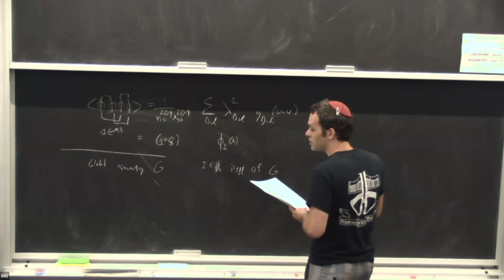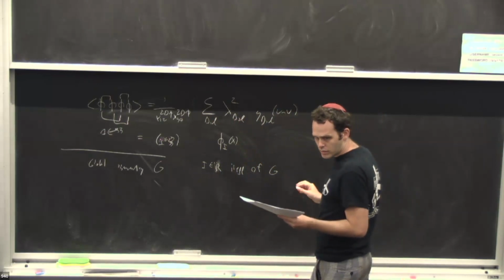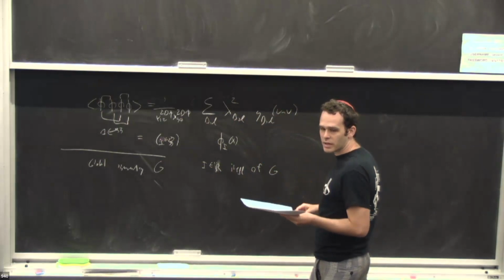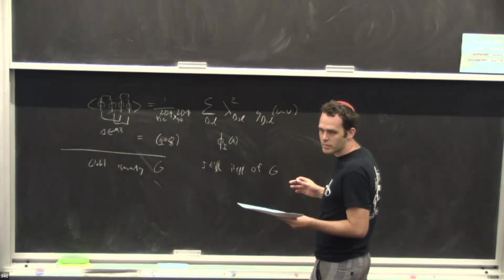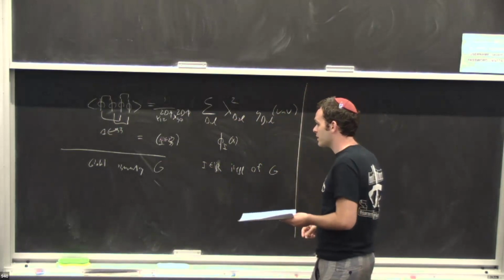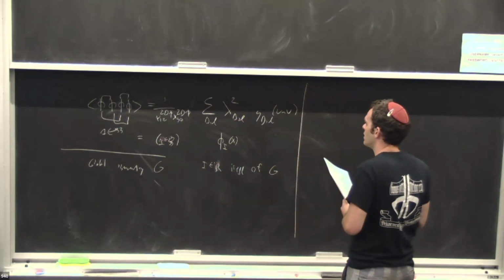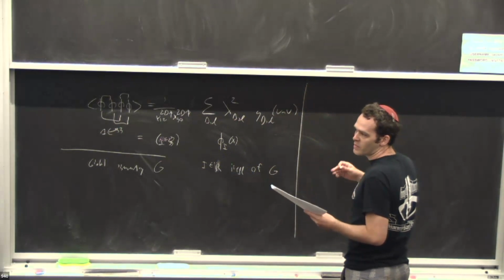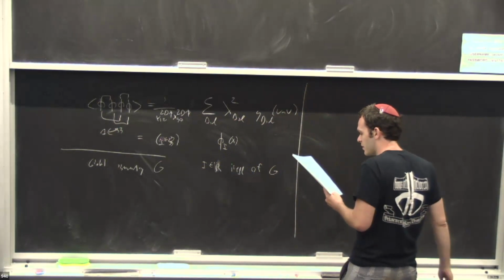And G is any compact Lie group. It doesn't even have to be semi-simple; it could have U(1) factors. You can even in principle do non-compact, but that'd be a bit more complicated. So let's just do compact.